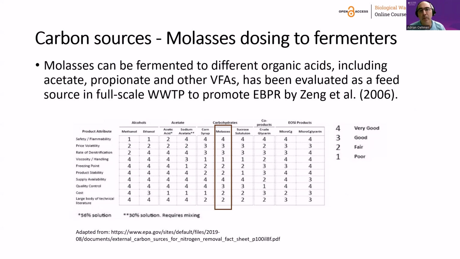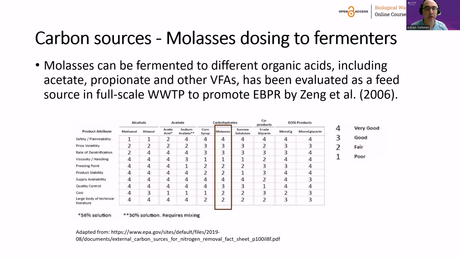When you do that and add molasses as a supplementary carbon source to help drive additional EBPR, what you end up with is effectively a mixture of carbon sources such as acetate, propionate, and other VFAs as well, which can be beneficial towards EBPR. And this has been shown to promote EBPR.